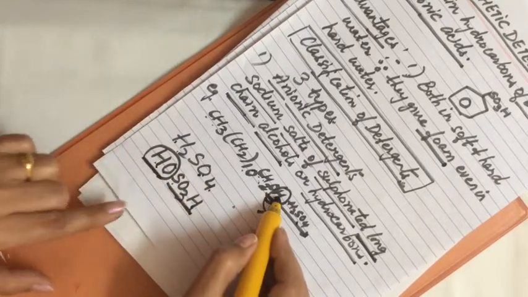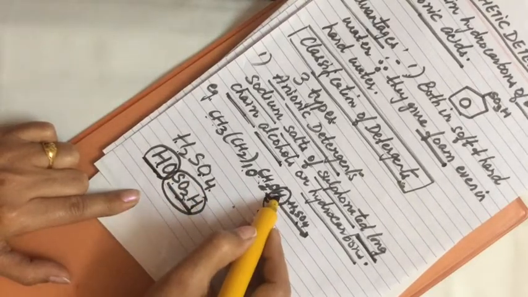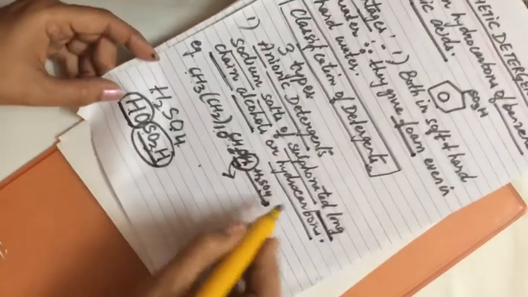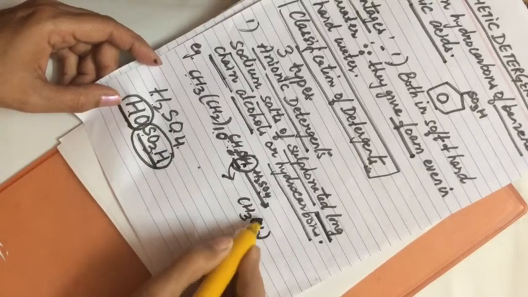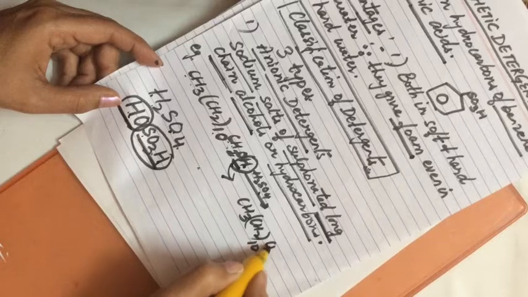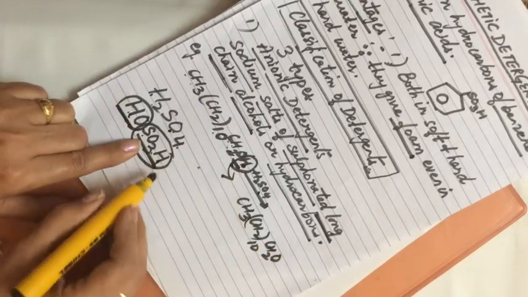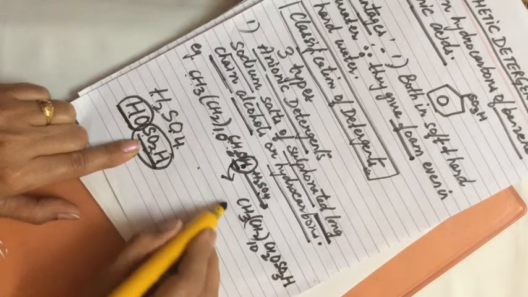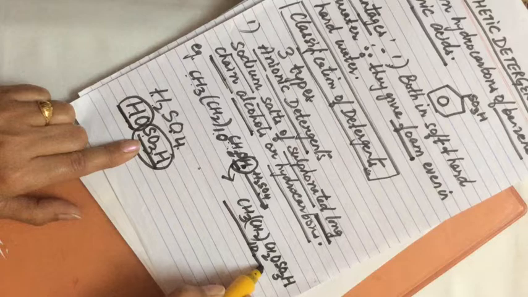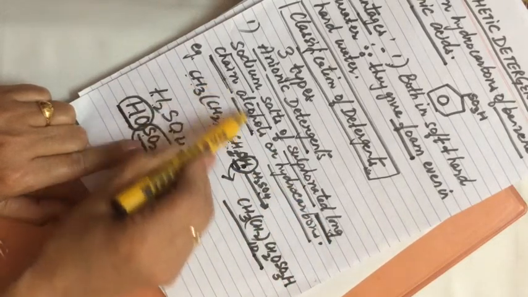And in place of this hydrogen, now this SO3H group will come here, and now it will become CH3, CH2 whole 10, CH2O, and now in place of H there is SO3H. Now this is called sulfonated long chain alcohol.